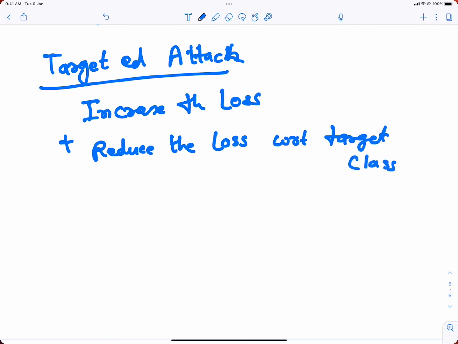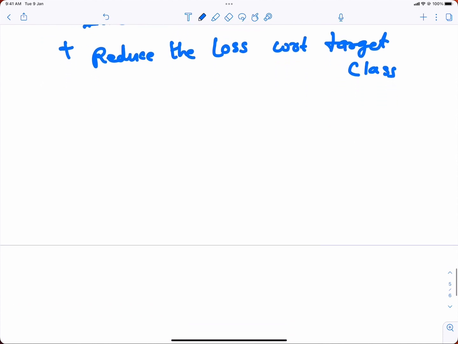So maybe the true class is 5. The objective is that with respect to 5, the loss should increase, but we want this image to be predicted as class 50. So at the same time, with respect to class 50, this loss should be reduced. That's the targeted attack.